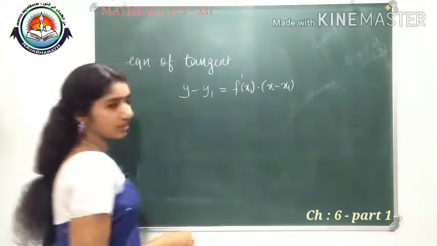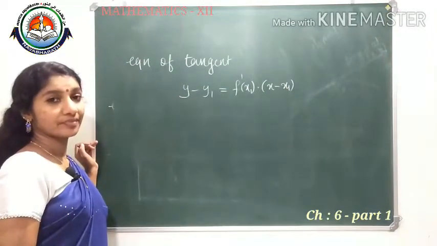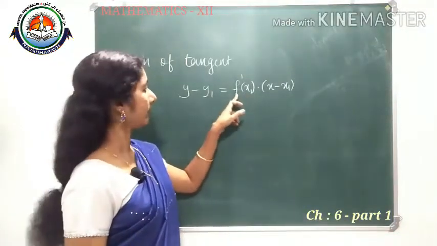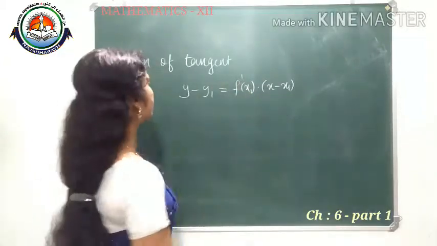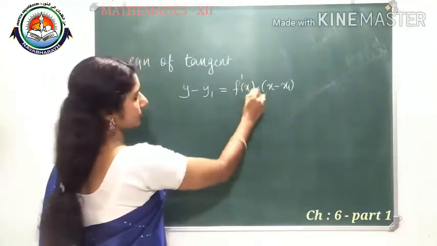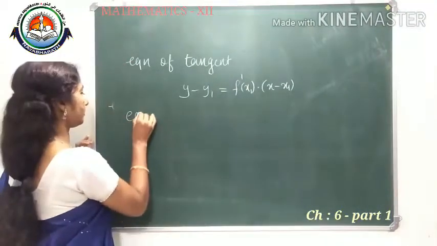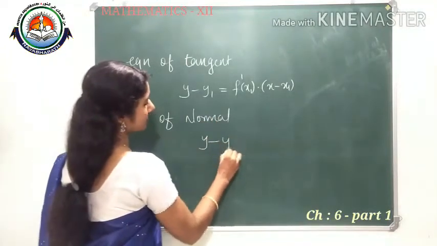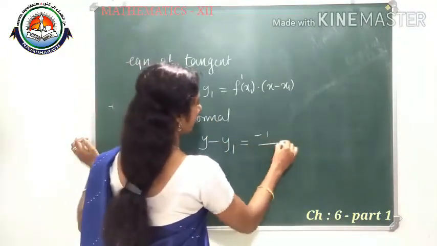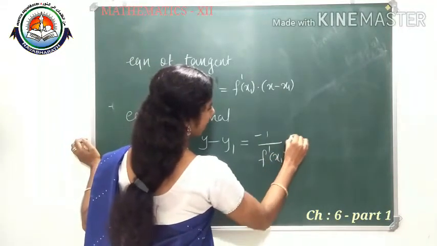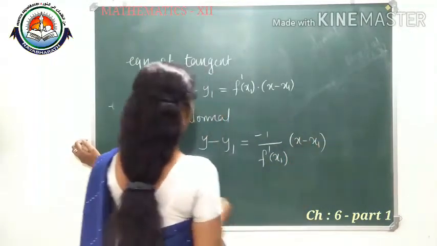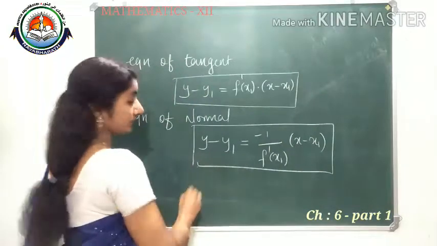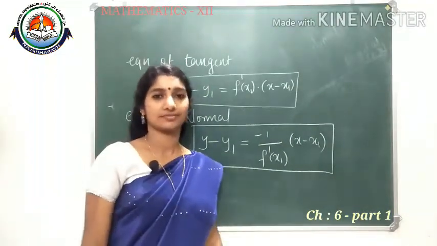That is the derivative of y at x equal to x1, so f dash of x1, or you can use dy by dx at x equal to x1. And the equation of normal: y minus y1 is equal to minus 1 by f dash of x1 into x minus x1. So you need to study these two equations to find the equation of normal and equation of tangent.